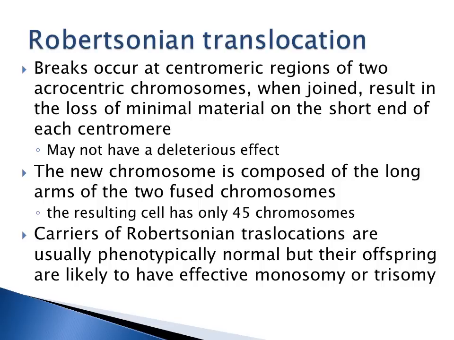The new chromosome is composed of the long arms of the two fused chromosomes, which results in a cell that only has 45 chromosomes as opposed to 46. So carriers of Robertsonian translocations are usually phenotypically normal. However, they can have offspring that might have an effective monosomy or trisomy.